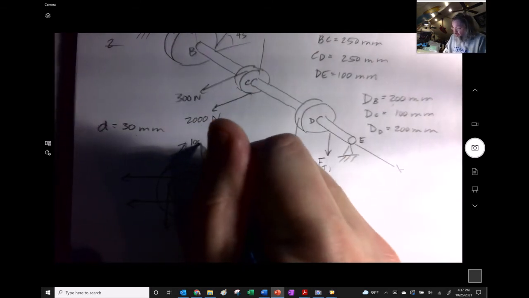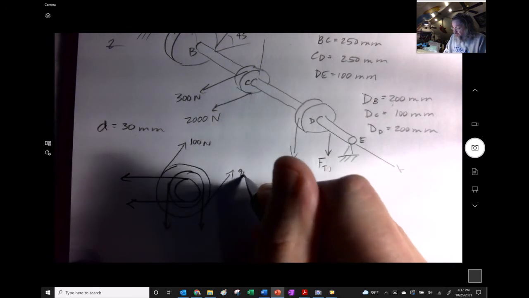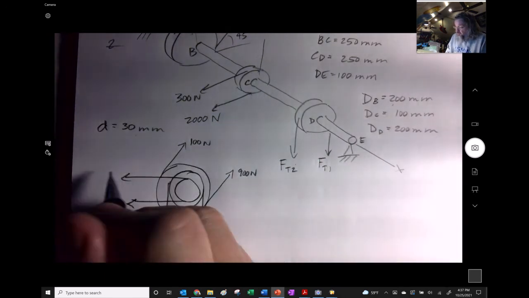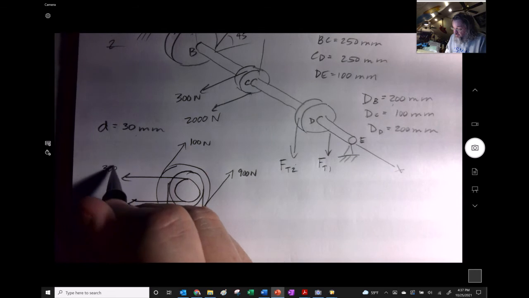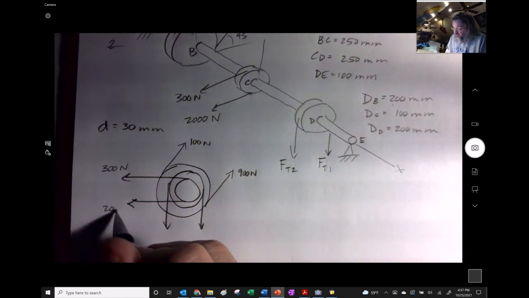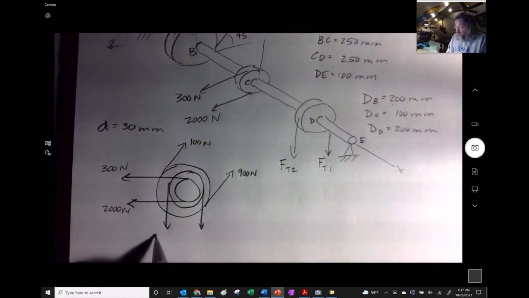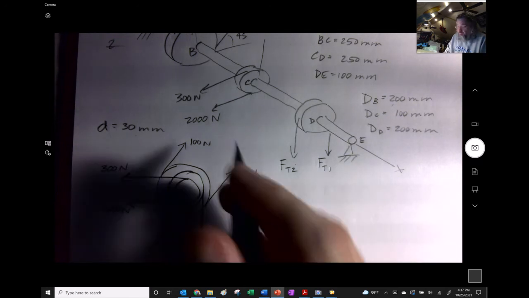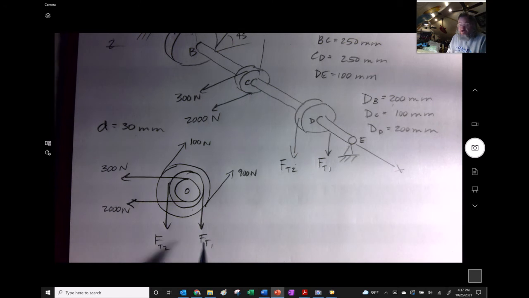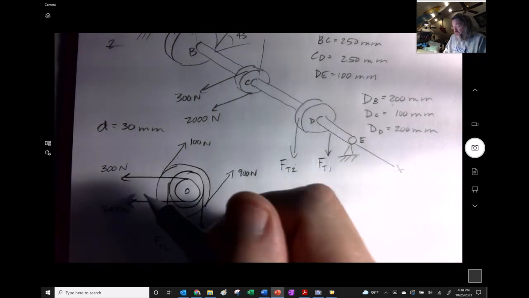So this is 100 newtons, 900 newtons, right? And this is 300 newtons and 2,000 newtons. So we could just apply some logic here to see which is going to be more and which is going to be less, even though we're not sure about the tension.